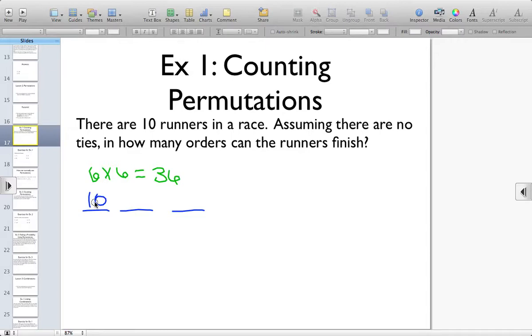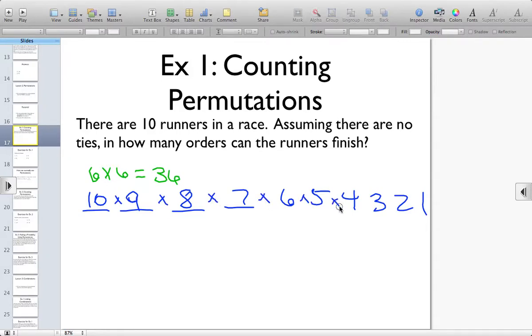Once one person crosses the line, there are only 9 people left, and so on and so forth. For each of the additional places, we have fewer candidates left over. And then, as the counting principle tells us, we multiply all of those possibilities.